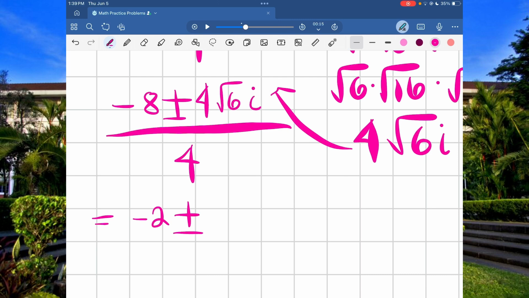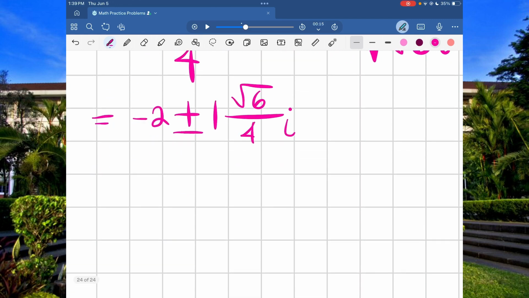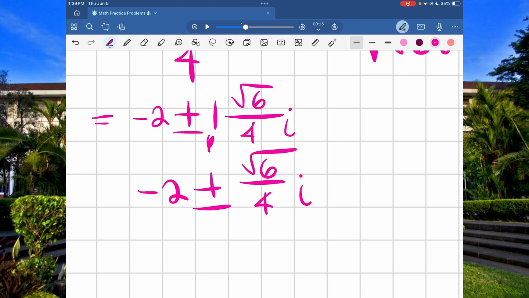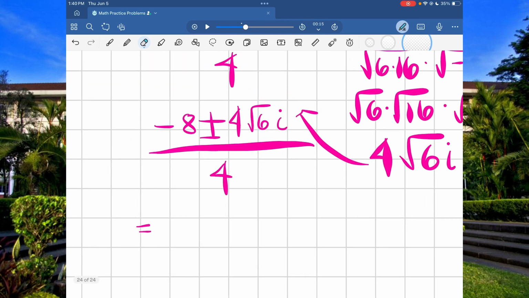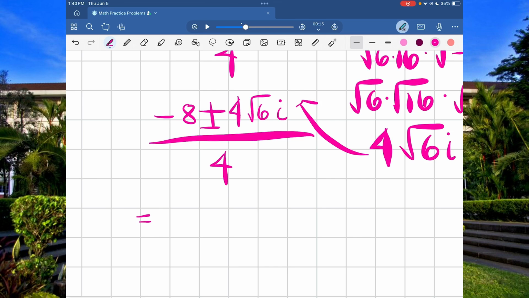We will have negative 8 divided by 4, negative 2, plus or minus 4 divided by 4 square root of 6i.